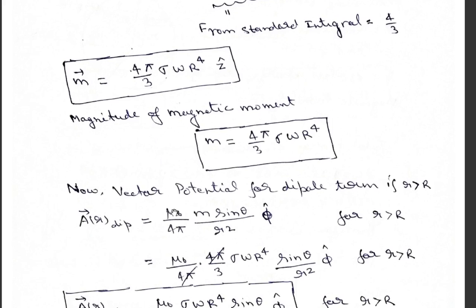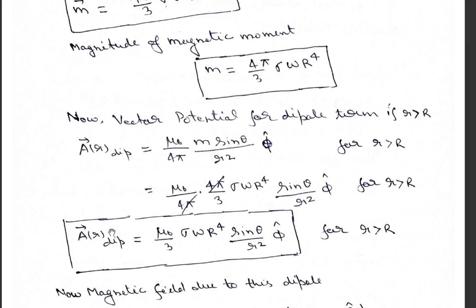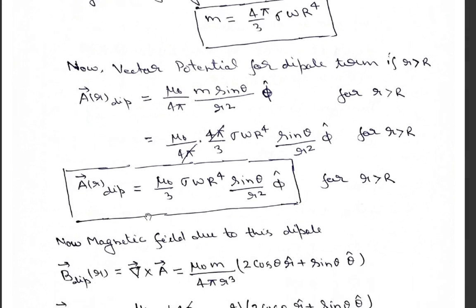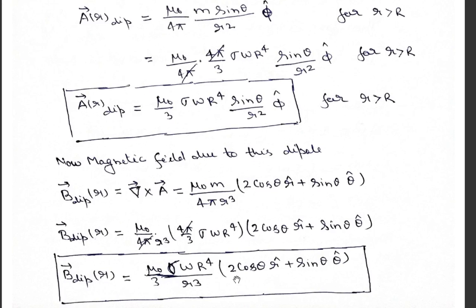By using this magnetic dipole moment value, we calculated the vector potential and then the magnetic field due to a spherical shell, and these results are consistent with the values we obtained by other methods.